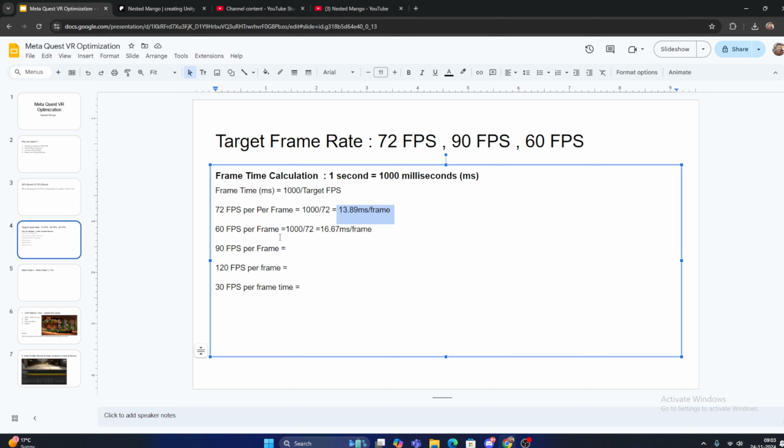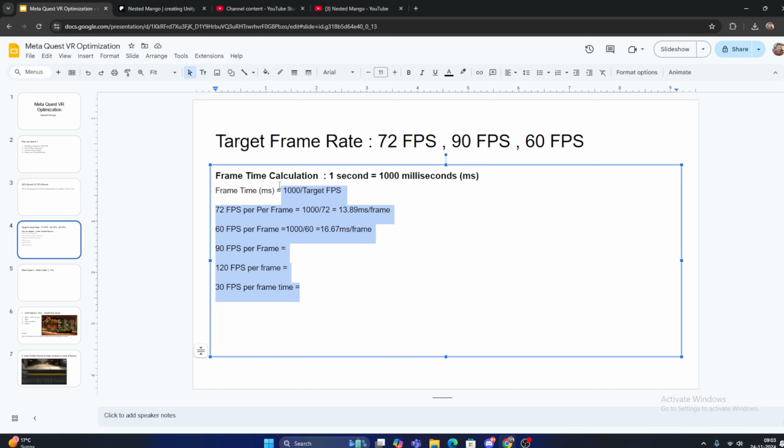And let's suppose you are targeting a mobile device at 60 fps. Then the per frame time will not be based on 72, it will be based on 60, so it will be around 16.67 ms per frame.